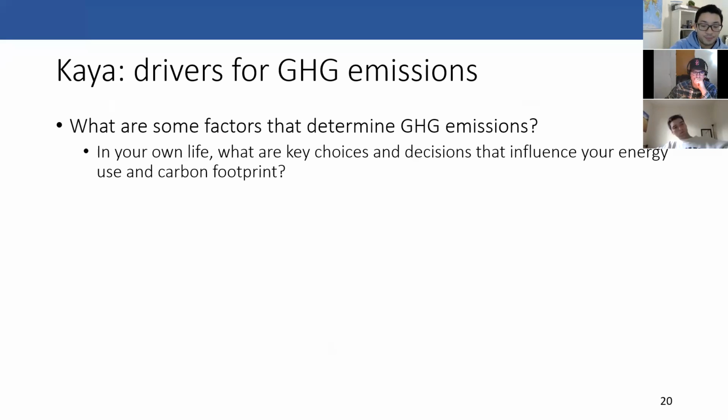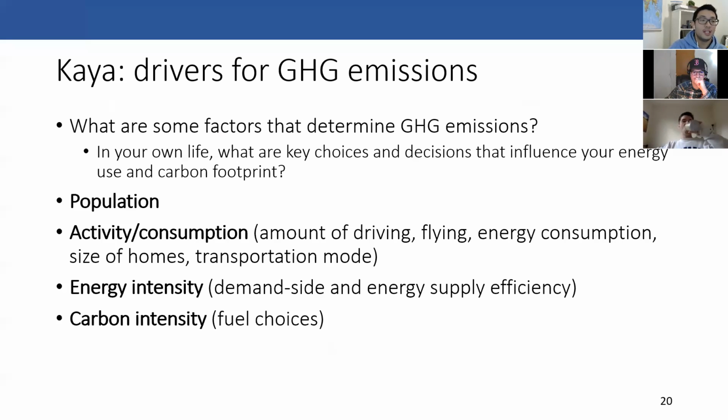Okay, and so when we think about all of these factors, you can generalize them. Okay, and so if we want to think beyond just the individual, we need to think about the whole population. So a lot of the stuff that I was talking about in terms of choices and decisions, that is really related to activity and consumption.